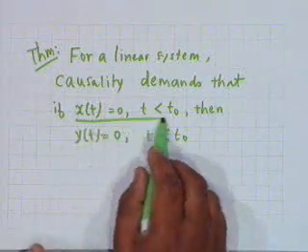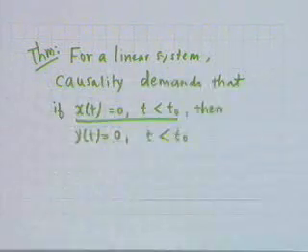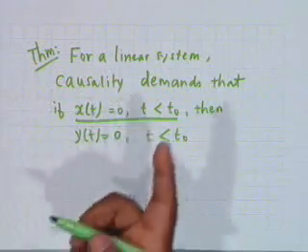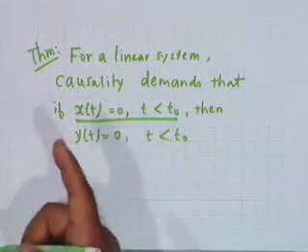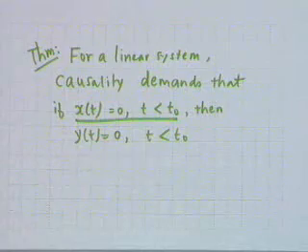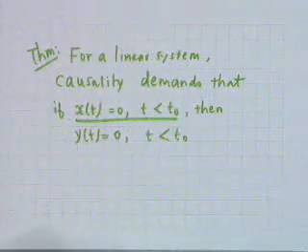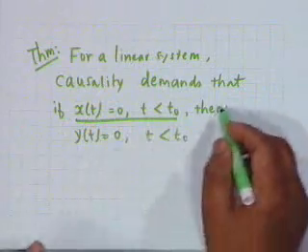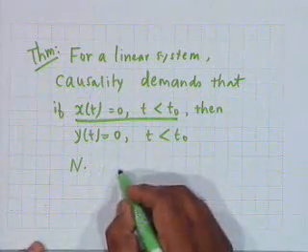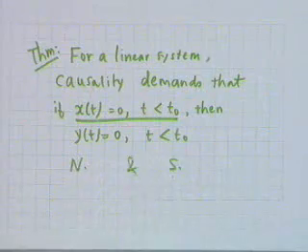In other words, you do not have to test for two inputs, x1 and x2. One input suffices. If the input x of t is 0 from -infinity to t0, then the output should also be identically 0 from -infinity to t0. And we shall show, since it is stated in the form of a theorem, that this condition is both necessary and sufficient.